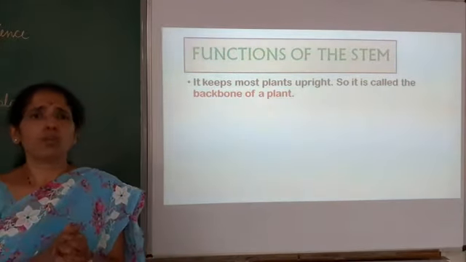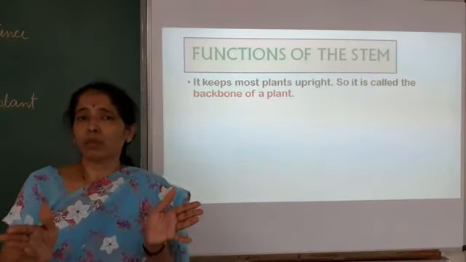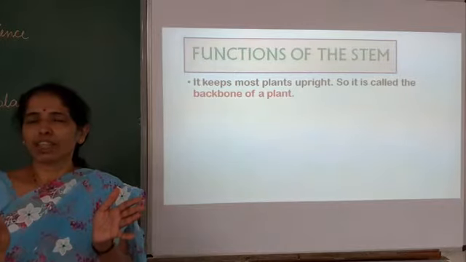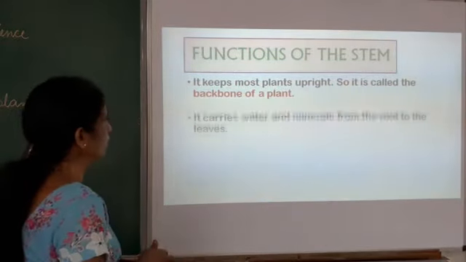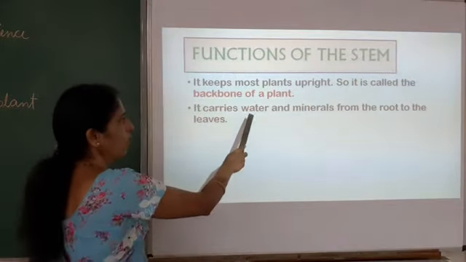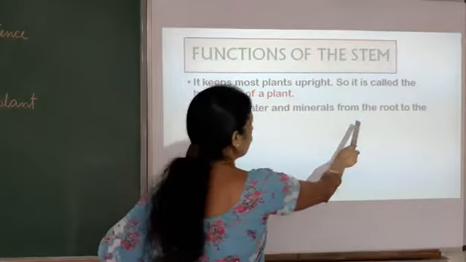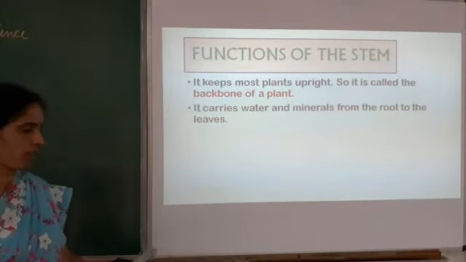Who carries water to the different parts of the plant body? Can you tell me? Yes, it is the stem. It carries water and minerals from the root to the leaves.